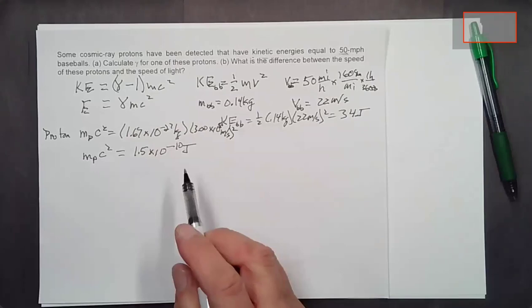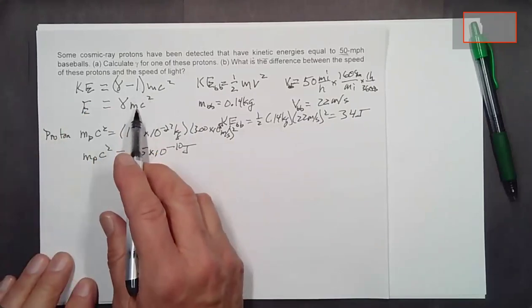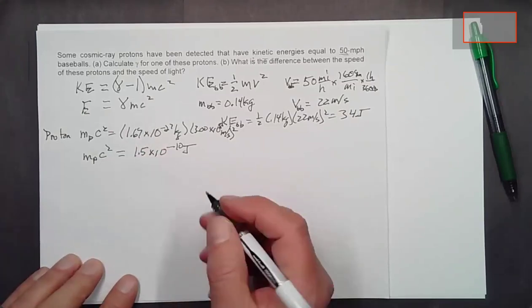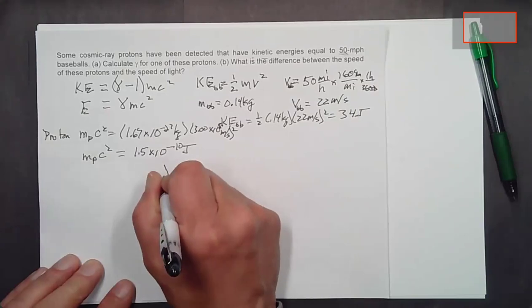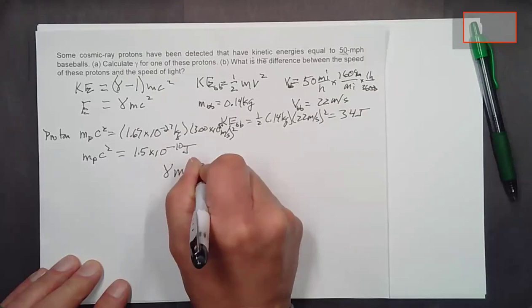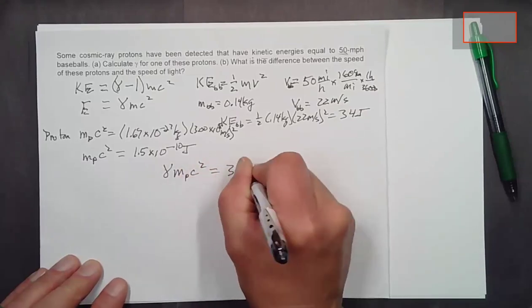Okay. So for that proton, if we use either gamma minus one or gamma, it turns out it's not going to matter, but we'll have that gamma times the mass of the proton times c squared is going to equal 34 joules.